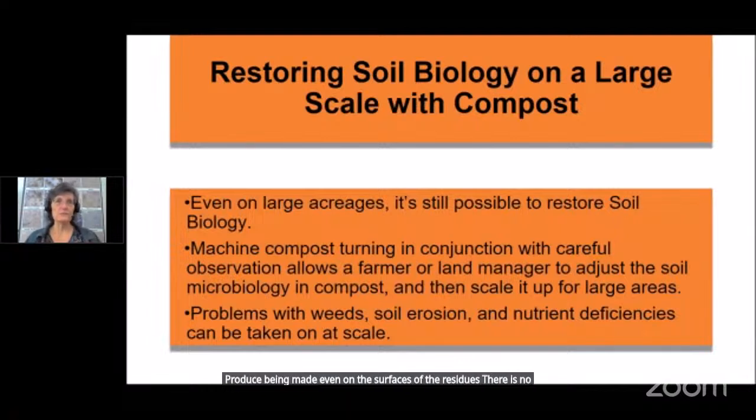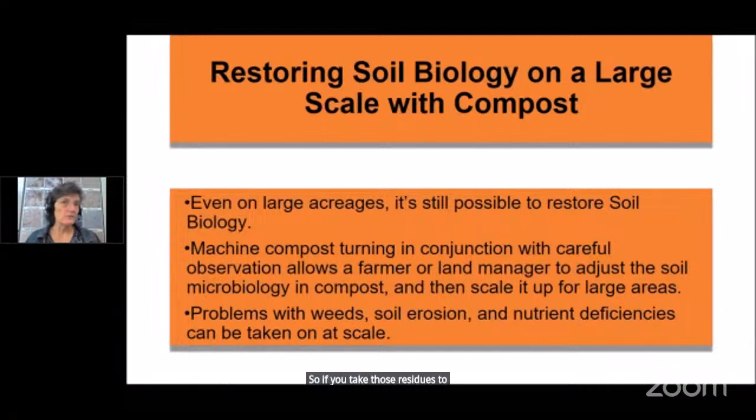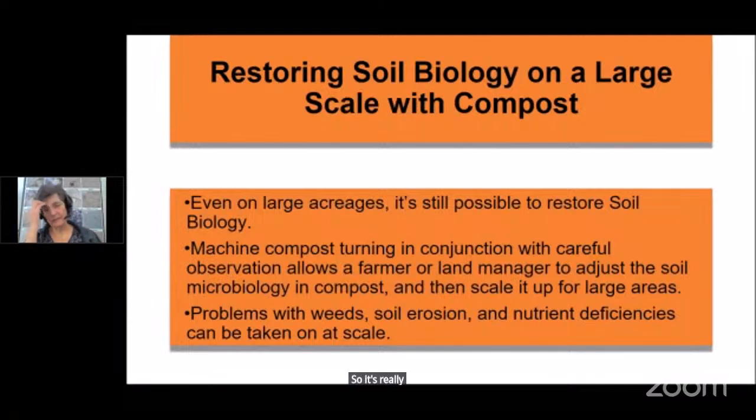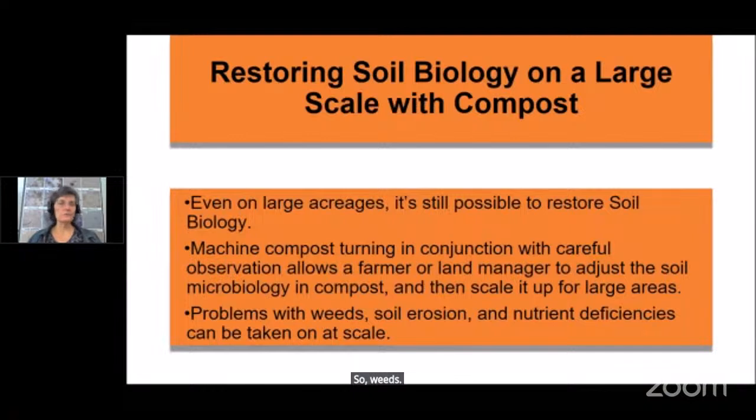So if you take those residues to make your compost, you're not getting the inoculum. So it's really critical to have somebody helping you with the biology, making sure that the organisms are growing in your compost, you're producing what you want. So weeds, soil erosion, nutrient deficiencies, pests, very doable.